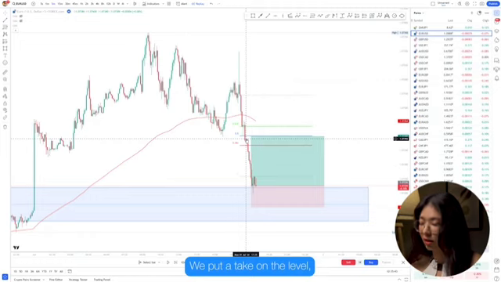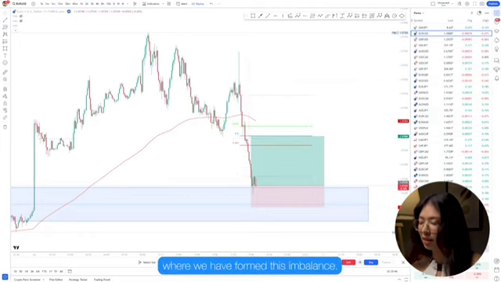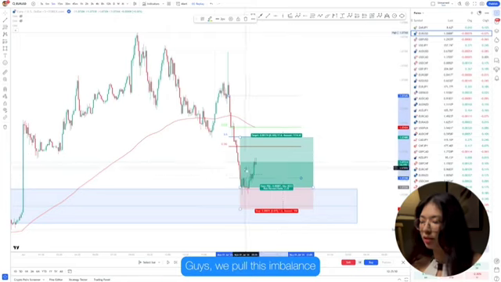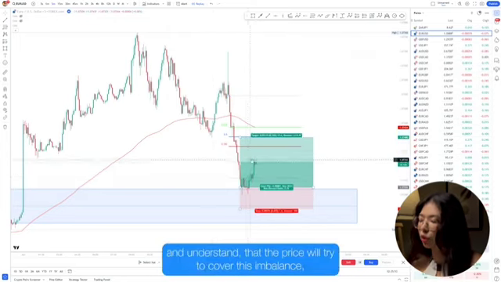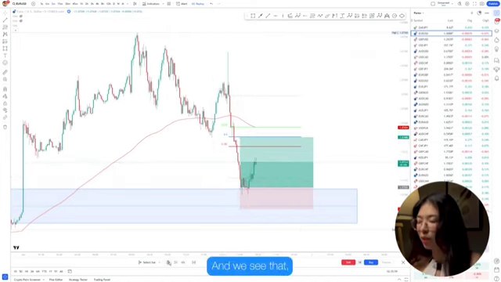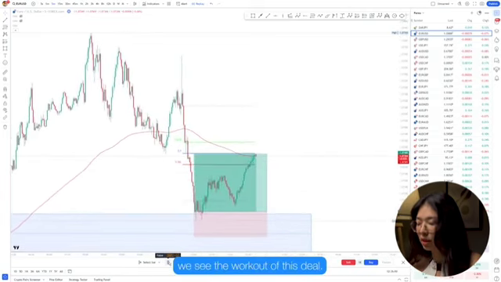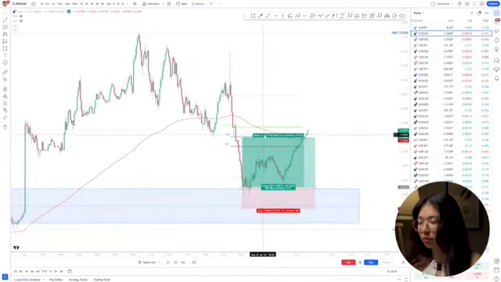We put a take profit at the level where we have formed this imbalance. And guys, we pull this imbalance and understand that the price will try to cover this imbalance. And we see the workout of this deal.